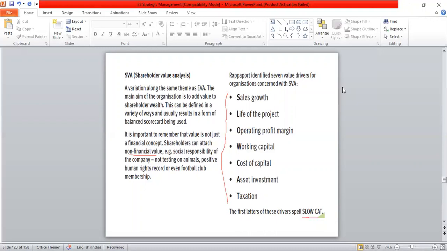Is it important that we calculate SVA? How is it important? What is the impact?